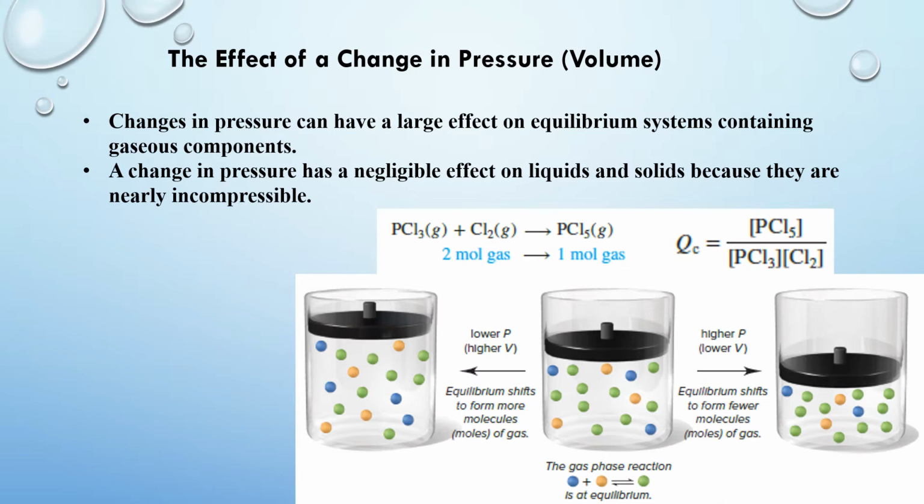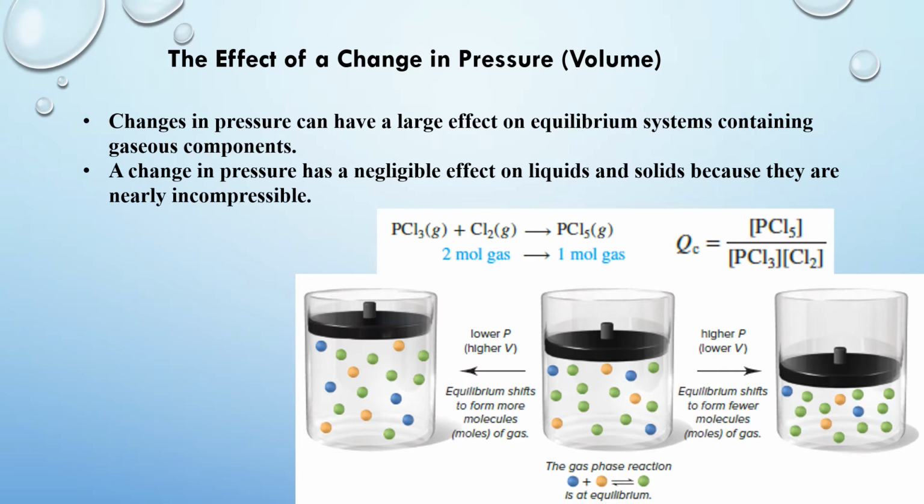This effect of a change in pressure or volume is very obvious for a chemical reaction involving a gas. It has a negligible effect for a chemical reaction involving only solids, pure liquids, or aqueous phase.